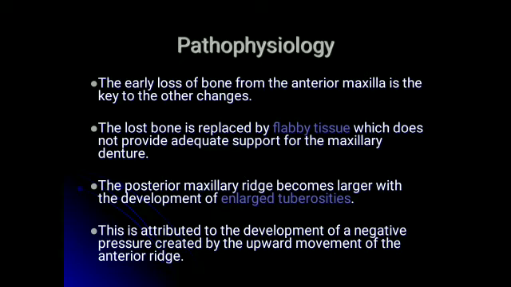The lost bone is replaced by flabby tissue, which does not provide adequate support for the maxillary denture. The posterior maxillary ridge becomes larger, with development of enlarged tuberosity. This is attributed to the negative pressure created by the upward movement of the anterior ridge.